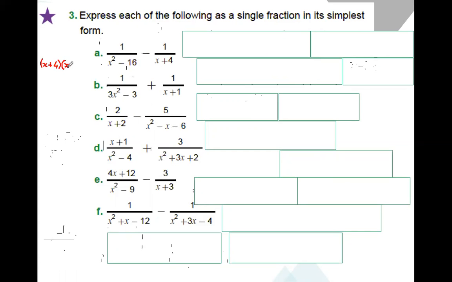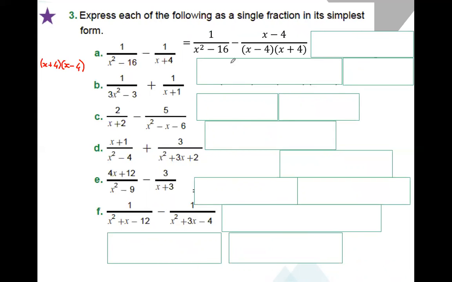Because of that, you would say to yourself, okay, I've got x plus 4 on the other side. To get this common denominator, I just need to times x plus 4 with x minus 4. And then I've got the common denominator, which is x minus 4 times x plus 4.